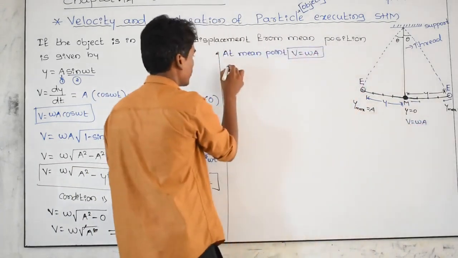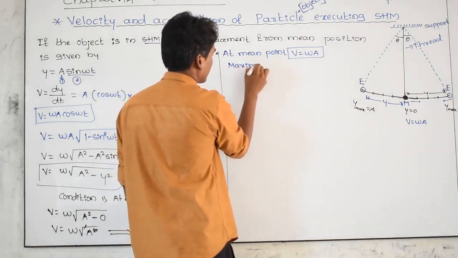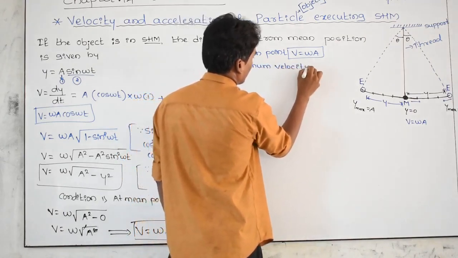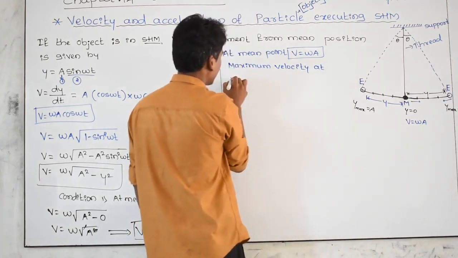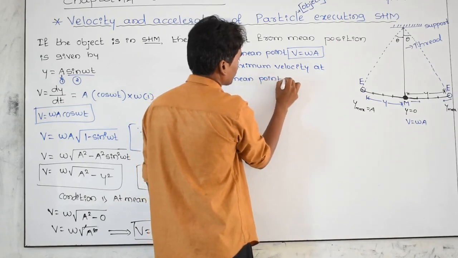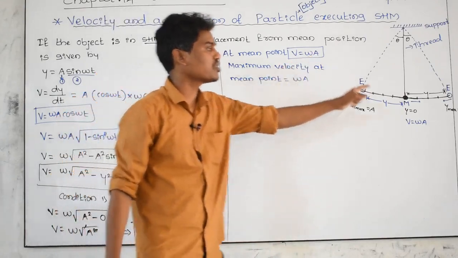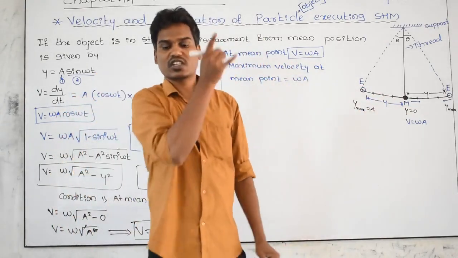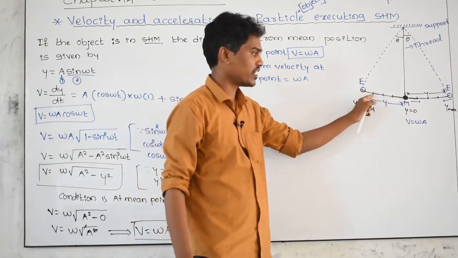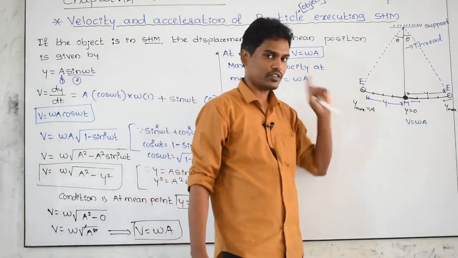This is the maximum velocity at the mean point, equal to omega into a. Why am I calling it maximum? Because it does not become 0 here. Whenever the object is oscillating, its velocity is maximum at this point.